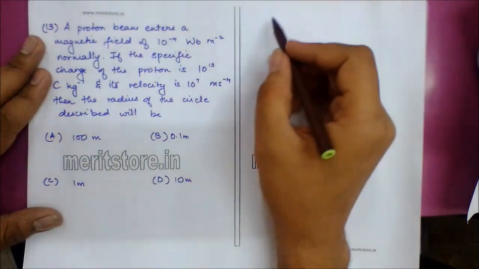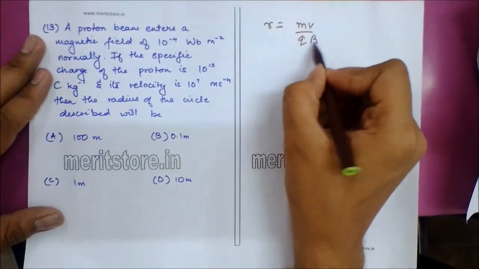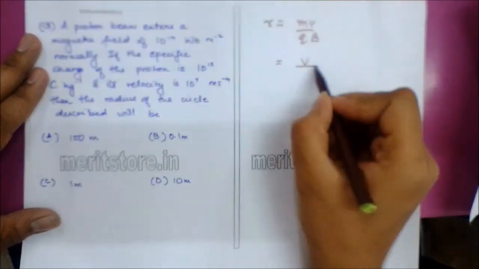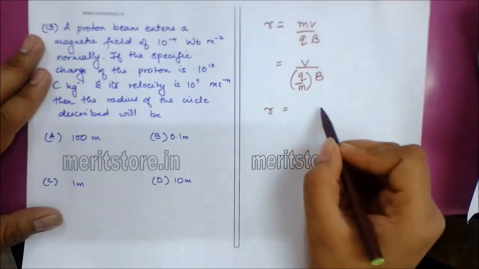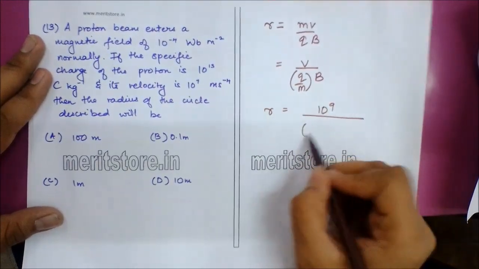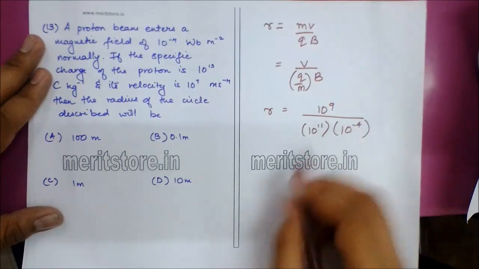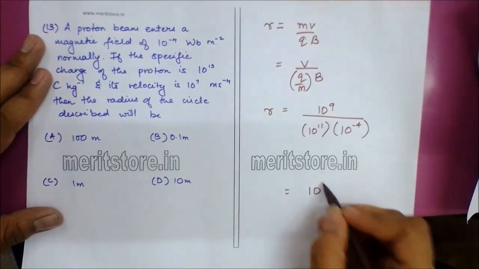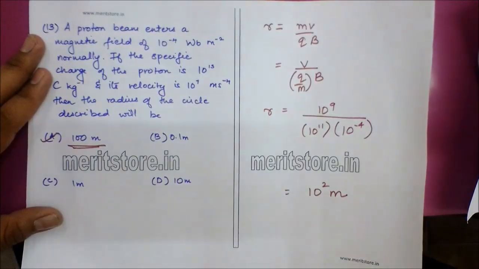So now R is equal to mv upon qB, which is V upon Q upon M times B. R is equal to 10 raised to 9 upon 10 raised to 11 into 10 raised to minus 4, which on solving gives 10 raised to 2 meter. So option A, 100 meter is the correct answer.